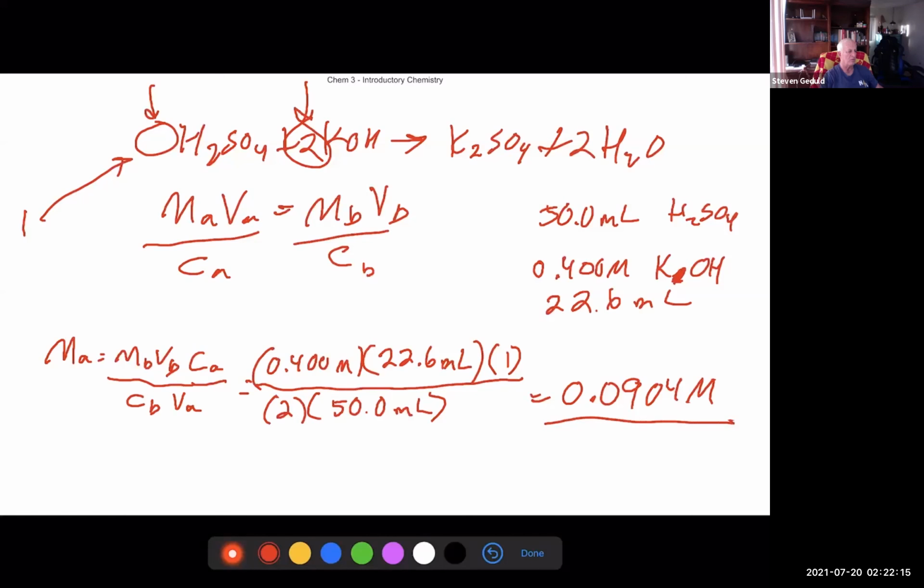Let's do one more. What volume of 2.4 molar aqueous sodium hydroxide is required to completely neutralize 200 milliliters of 6 molar aqueous hydrobromic acid? Okay, so let's write down the numbers we have here. What volume of 2.4 molar NaOH?